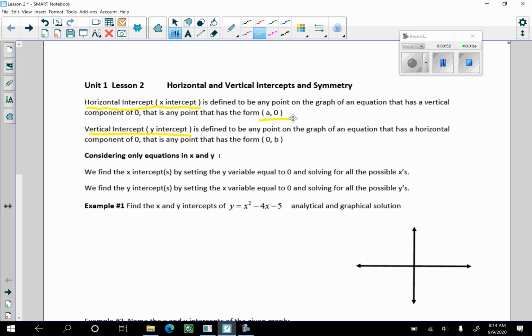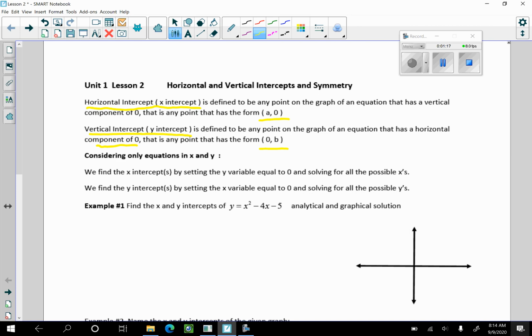In like manner, a vertical intercept is defined to be any point on the graph of an equation that has a horizontal component of 0. That is any point that has the form 0, comma b. And we certainly have had lots of experience with vertical and horizontal intercepts, x-intercepts, y-intercepts.